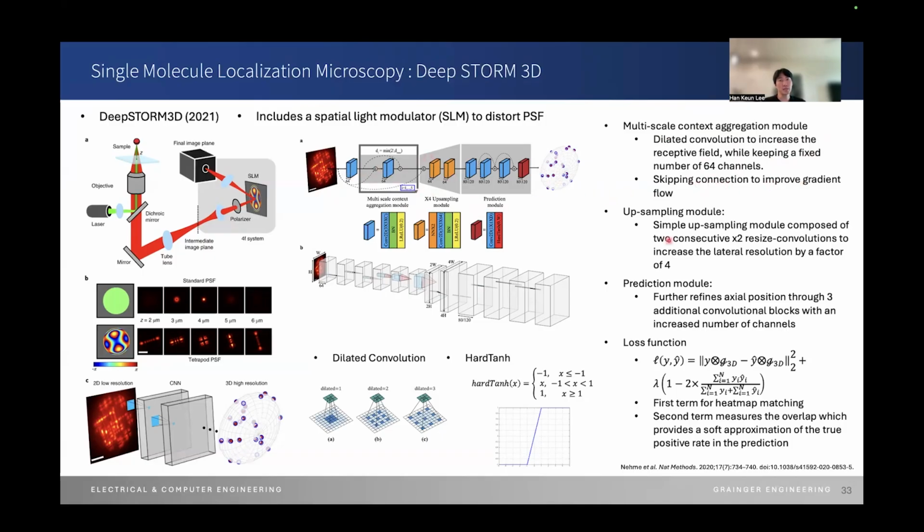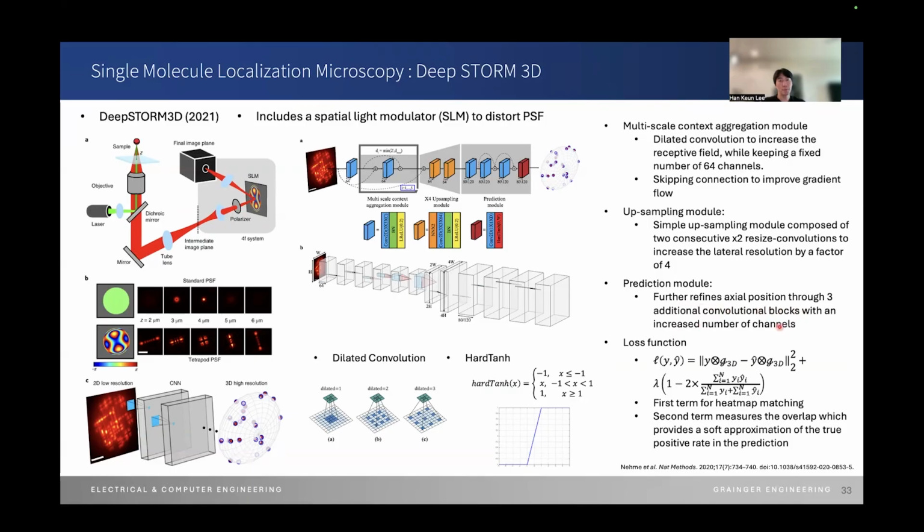After that, they use an upsampling module, a simple upsampling module composed of 2 consecutive doubled resize convolutions to increase the lateral resolution by a factor of 4. And lastly, the prediction module, where they further refine the axial position through 3 additional convolution blocks with an increased number of channels.